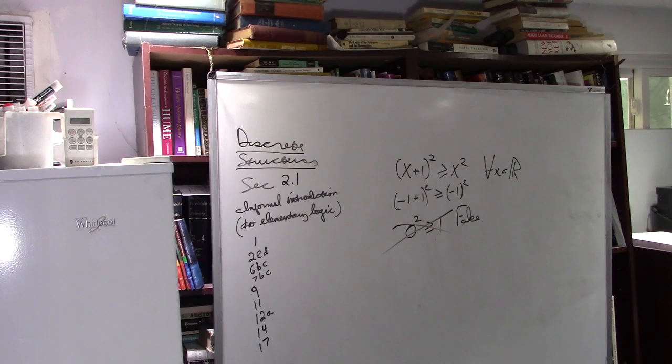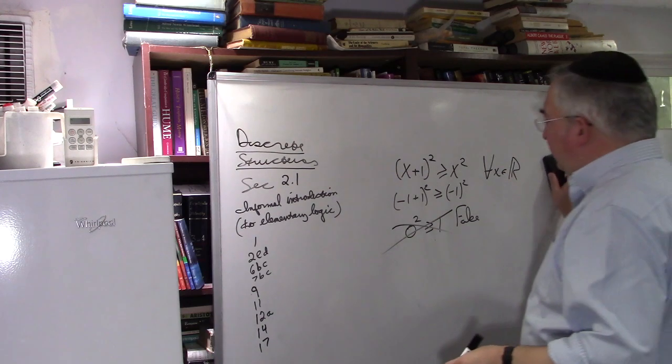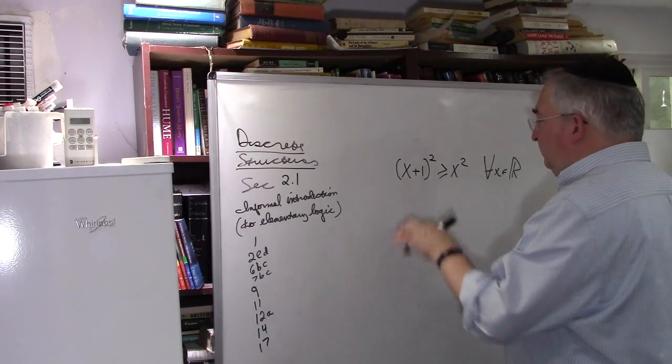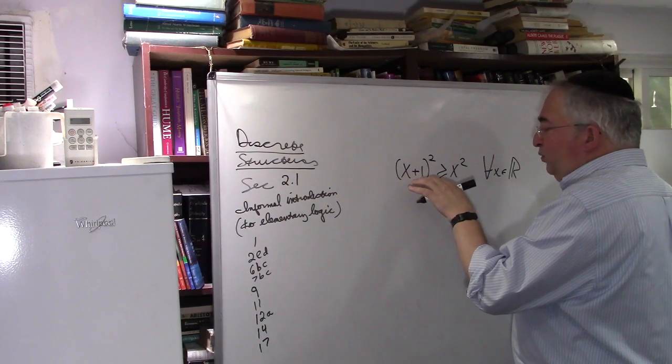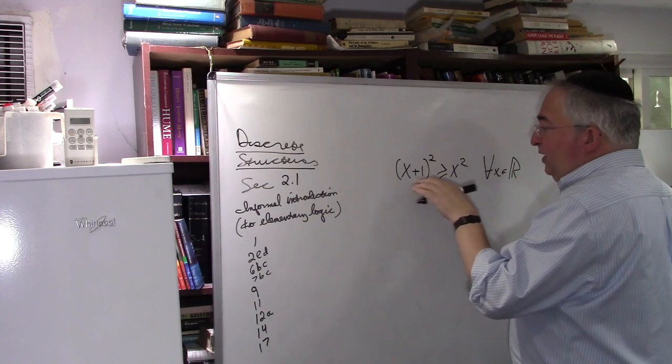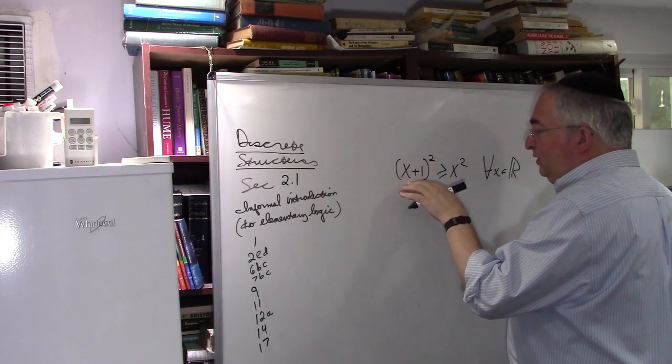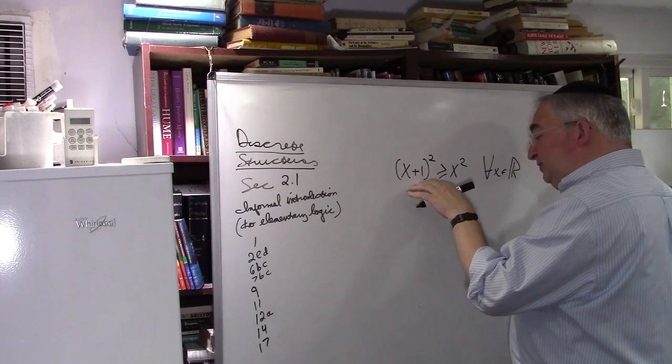Find another counterexample. So it says find another counterexample. Let's see. How about for 0? 0 plus 1 is 1. That will be true. How about -2? -2 plus 1 is -1.